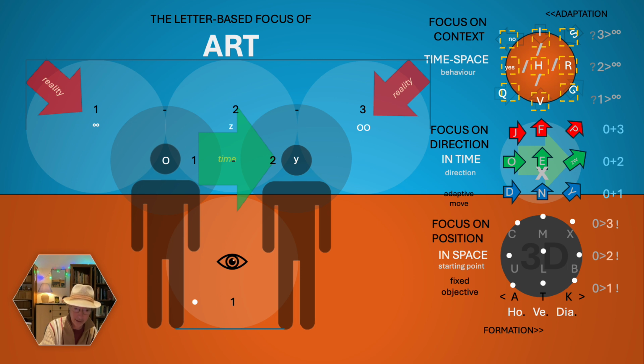The A is there in my focus before me. It's a starting point. Depending on how I combine it, it will be a starting point somewhere in space, but focused and balanced out by a middle focus.